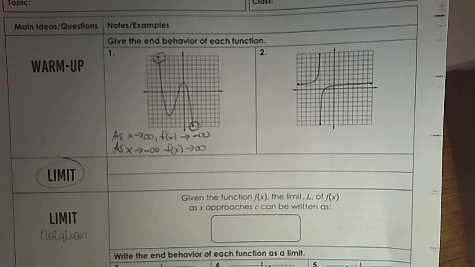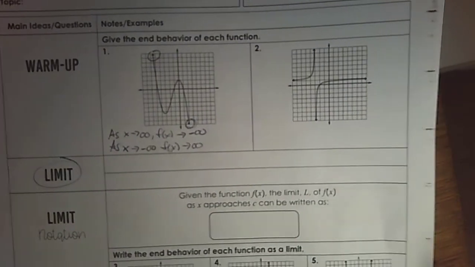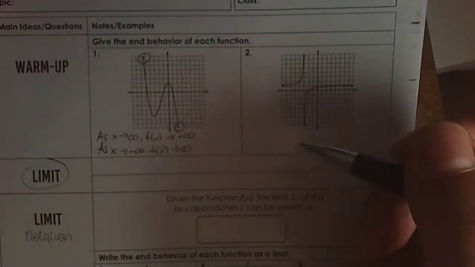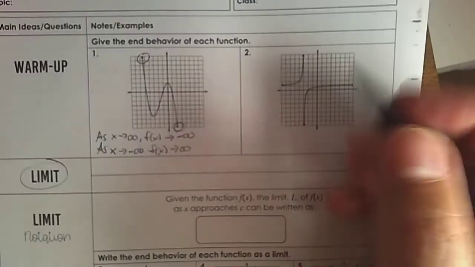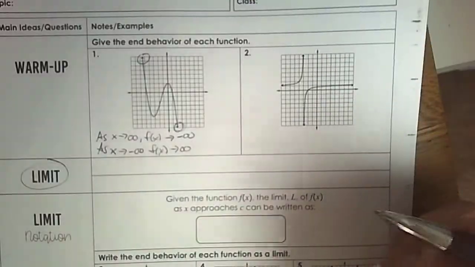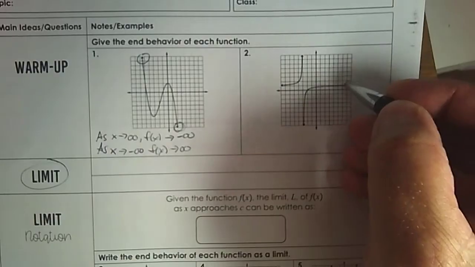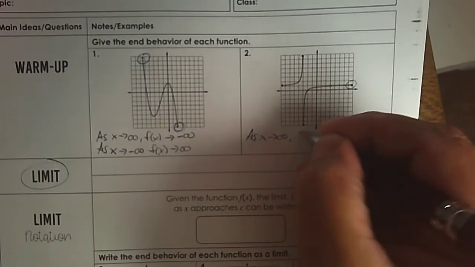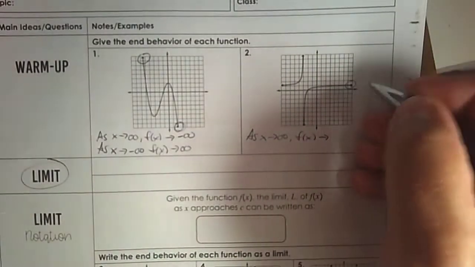All right, let's look at the second one together. Again, in Math 3, or in compacted math, we talked about the end behavior in this way, with this notation. For the right side, we said as x approaches infinity, and then the y-coordinate, the function, what's the y-coordinate?